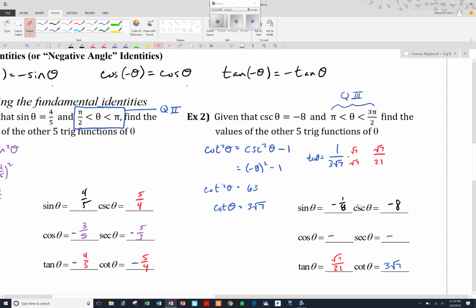Let's just go with the fact that cotangent is equal to cosine over sine. Therefore, I know that cosine equals cotangent times sine, because I have those two values. I have cotangent, it's 3 square roots of 7. I have sine, it's -1/8. So that would be 3 square roots of 7 over 8, or -3 square roots of 7 over 8.